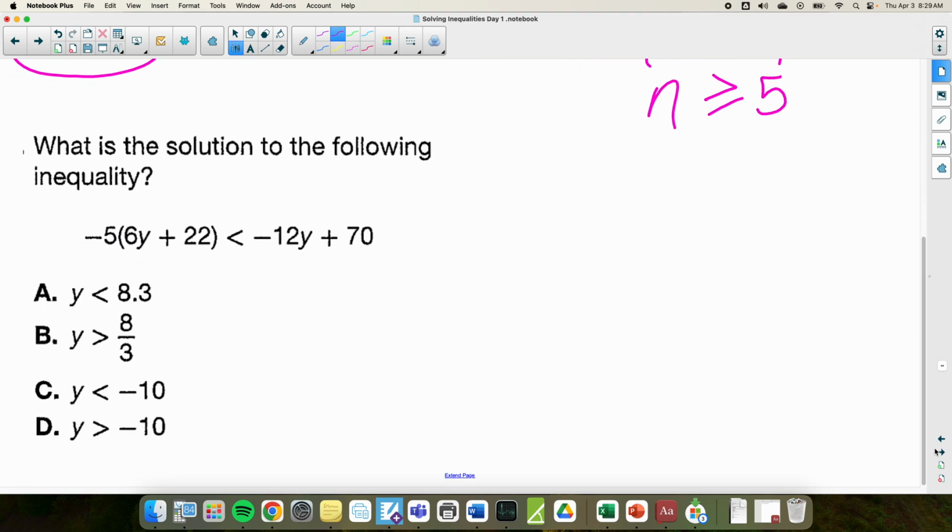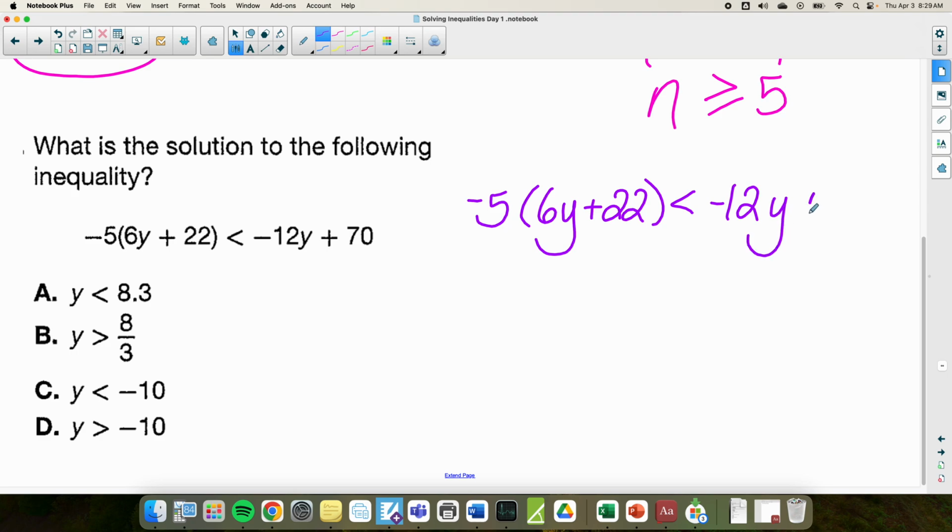So this one, if we look at this, we have negative 5 times (6y plus 22) is less than negative 12y plus 70. Okay. What I'm going to do here is distribute. Negative 5 times 6y is negative 30y. Negative 5 times 22 is negative 110.